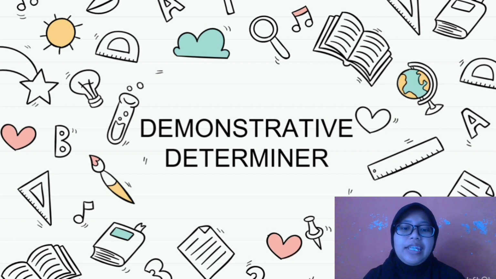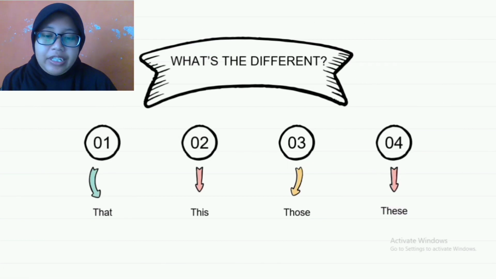For example, as in that house. So a demonstrative determiner can be said to be those words which demonstrate as well as introduce the noun in the sentence. Demonstrative determiners include this, that, these, and those. They appear right before the noun they determine.